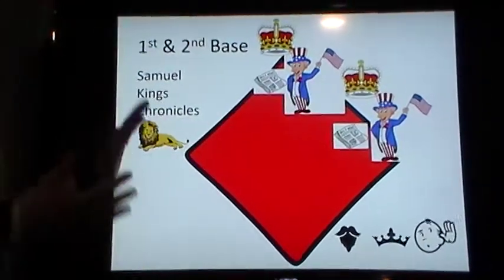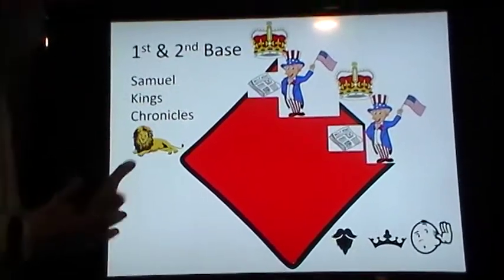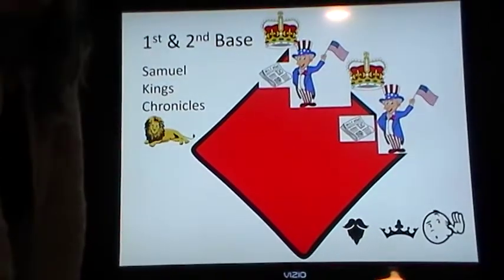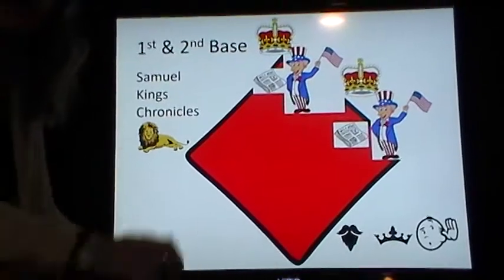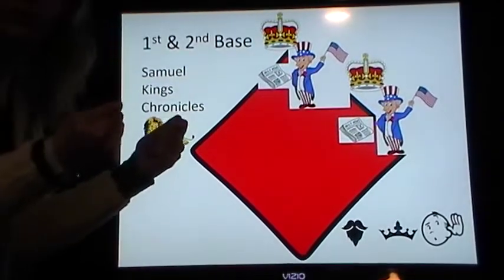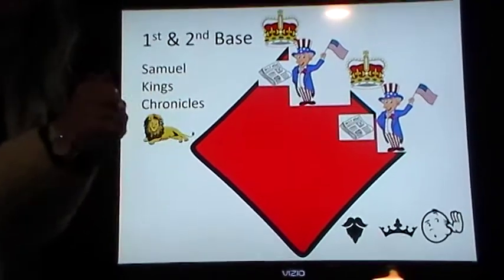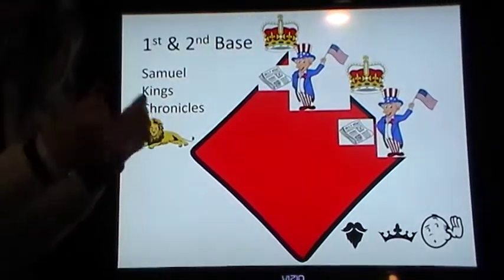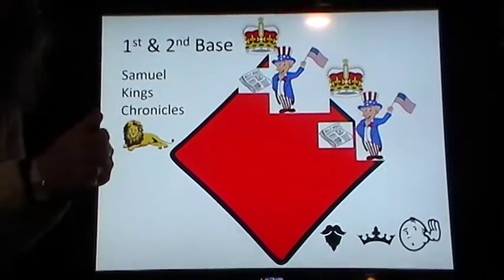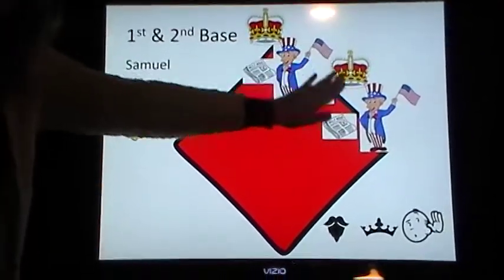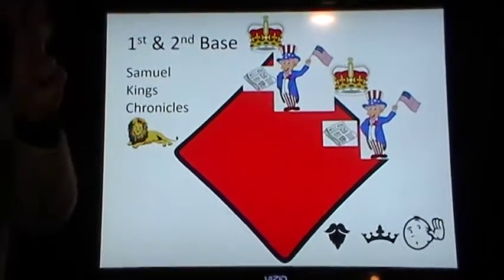And then you can think of this next one two ways, depending on what you're familiar with. There's a newspaper here. So you can think about him getting on first base and whipping out his newspaper to read the Chronicles. Or you can think about him whipping out his C.S. Lewis book. If he's reading the Chronicles of Narnia, you might have heard the word that way, Chronicles. Okay, so all three of these things are going to be on first and second base because they're first and second.